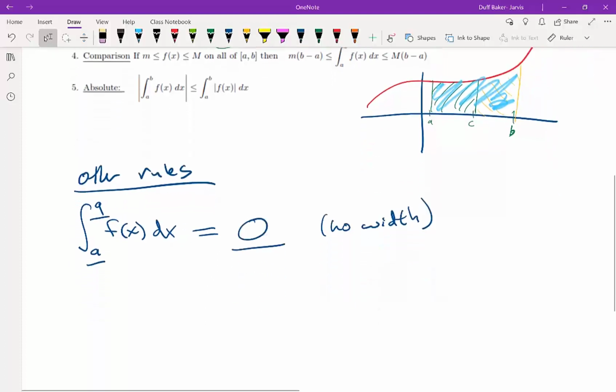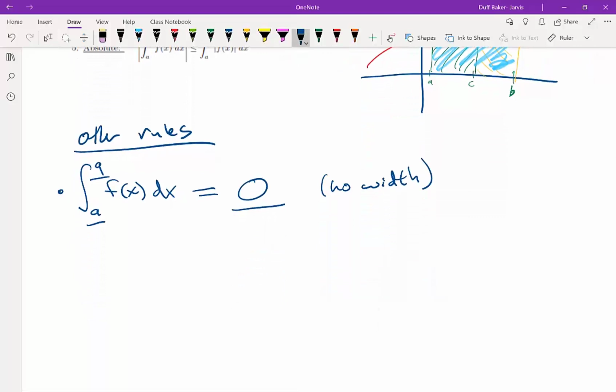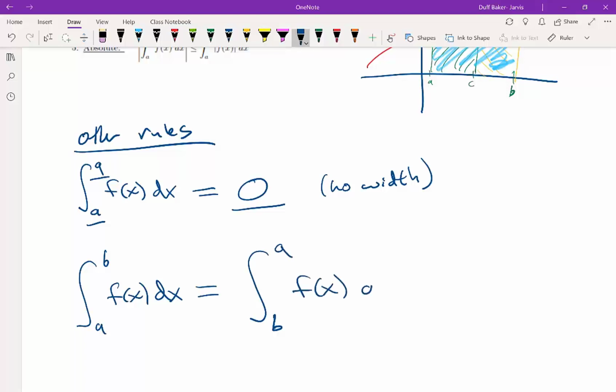Okay, and then the other one is, I guess we don't need dots here. If you have an integral, and for some reason you want to switch the bounds, switch the order, you want to put the b on bottom instead of on top, you can do that, but we just define it to be the negative.